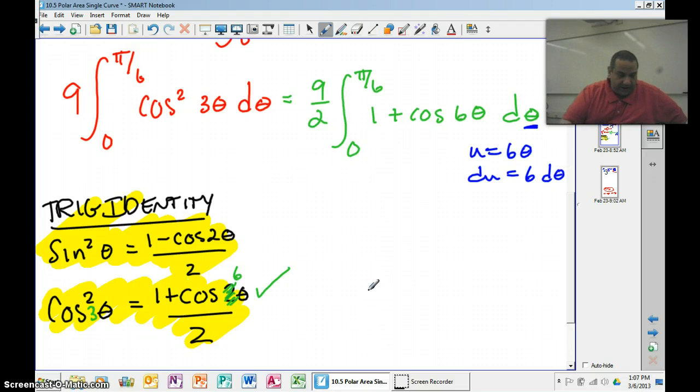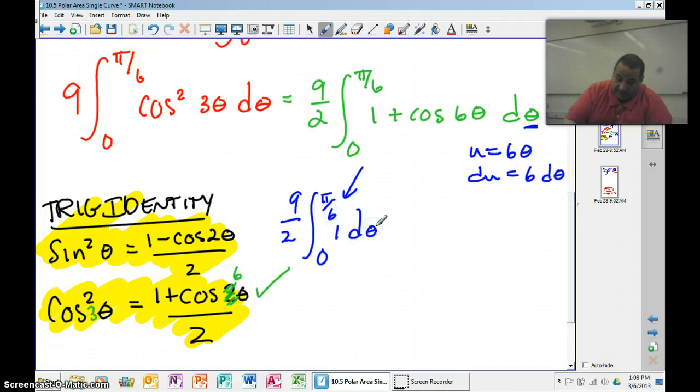If u is 6 theta, you have to be careful, because when you take the integral of 1 with respect to theta, you get a theta. That's like the integral of 1 giving x, but now we're doing it with theta. So we have to be careful here. I might want to break this up into 2 problems to make it a little easier. For your first time seeing it, I might do this.